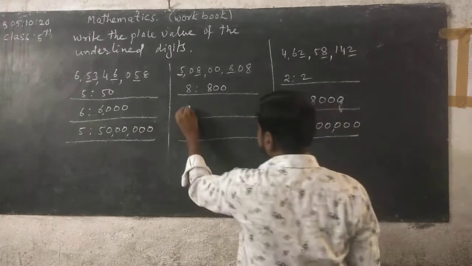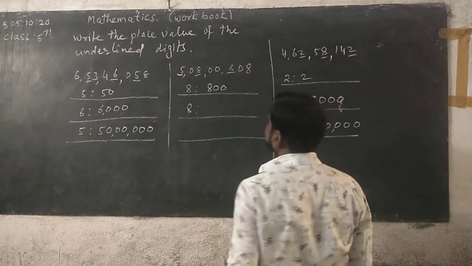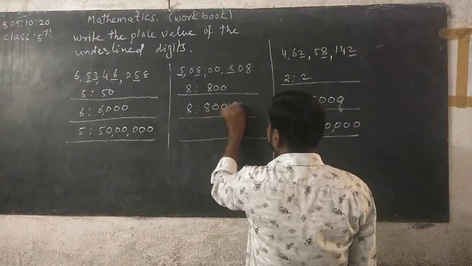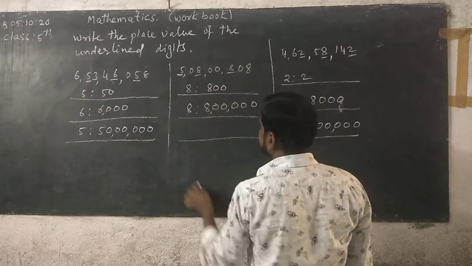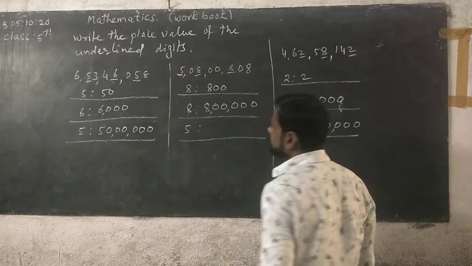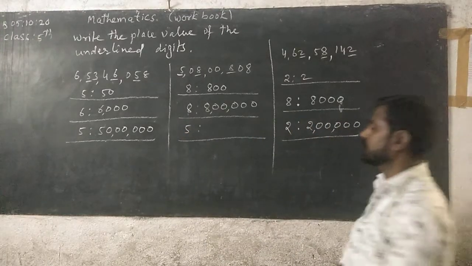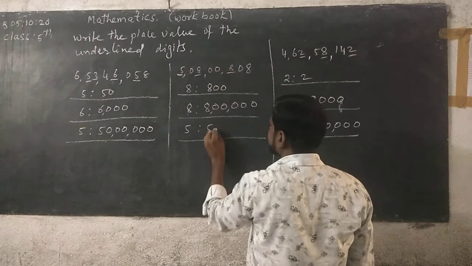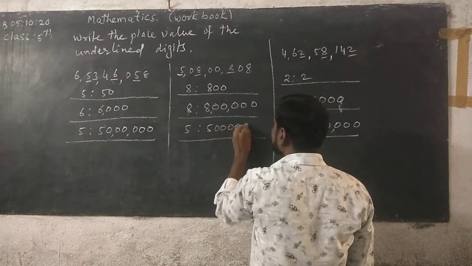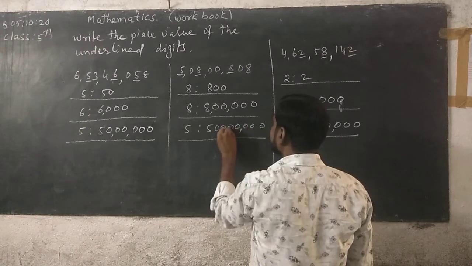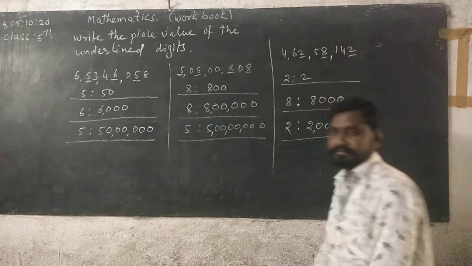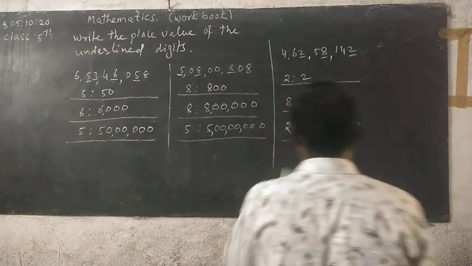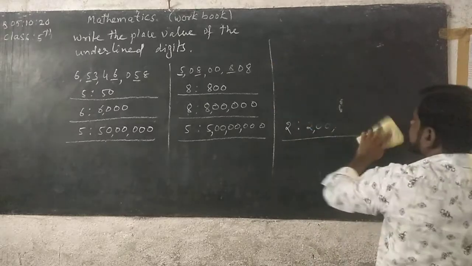Next 8 is in lakhs place, 8 lakh. Next 5 is in crores place, 5 crore. After 5 you can write how many zeros? 1 2 3 4 5 6 7.